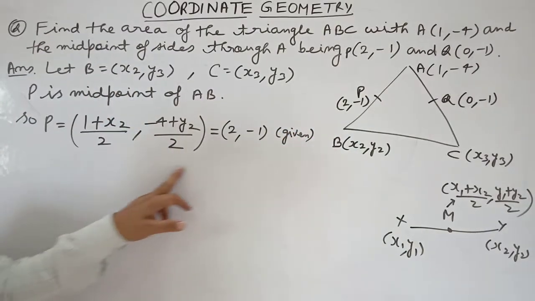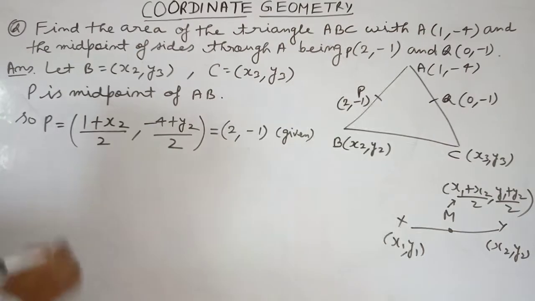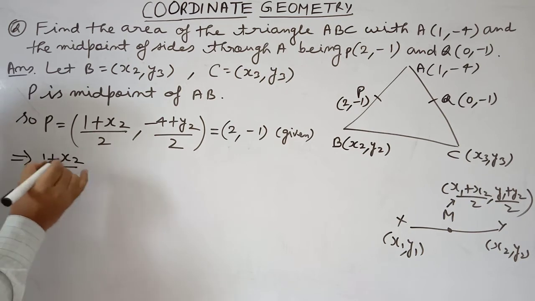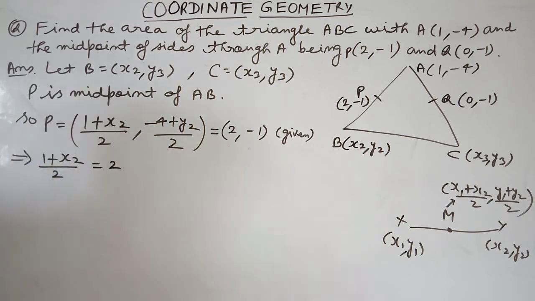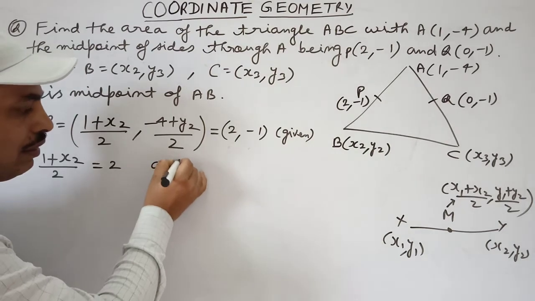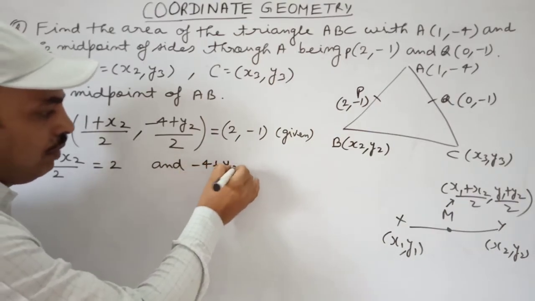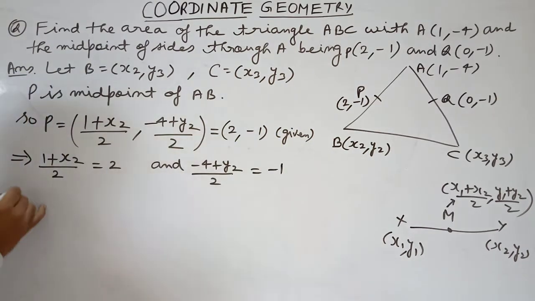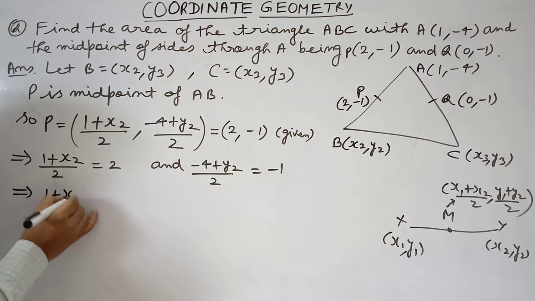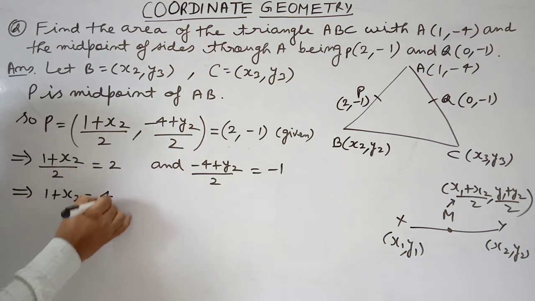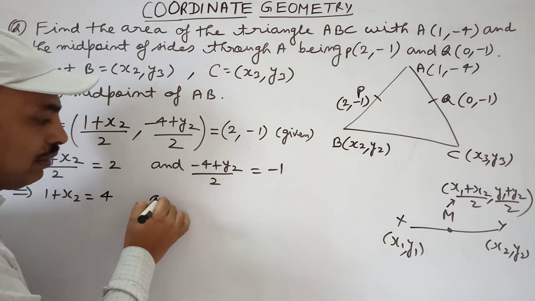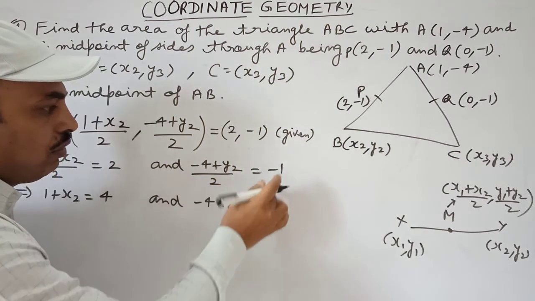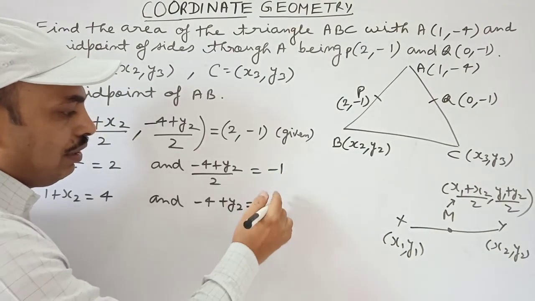So compare x coordinates and y coordinates. This implies (1 plus x2) upon 2 equals 2 and (-4 plus y2) upon 2 equals -1. This implies 1 plus x2 equals 4 and -4 plus y2 equals -2.